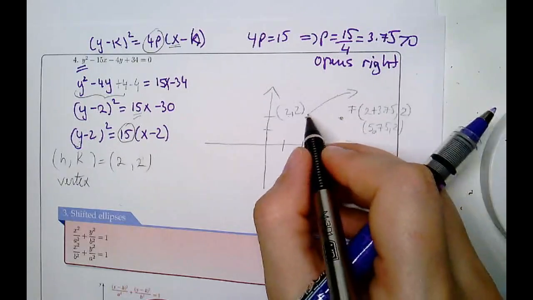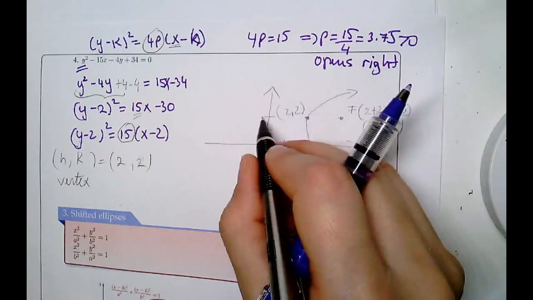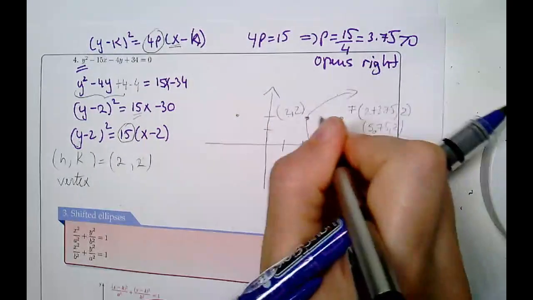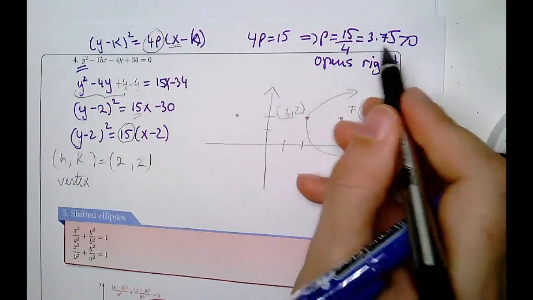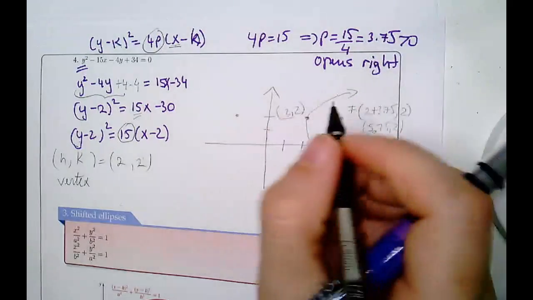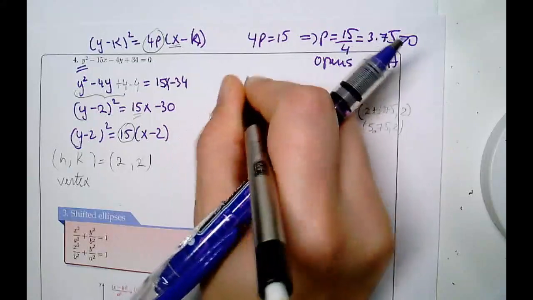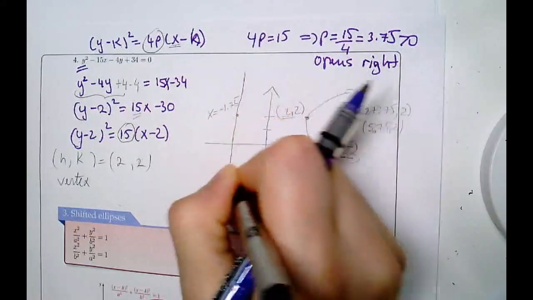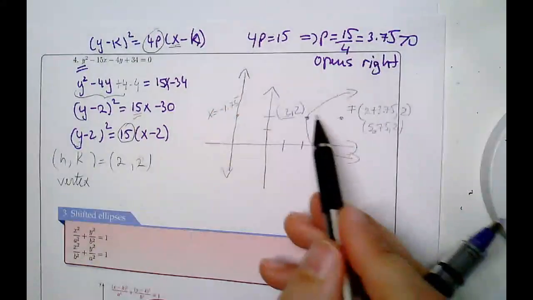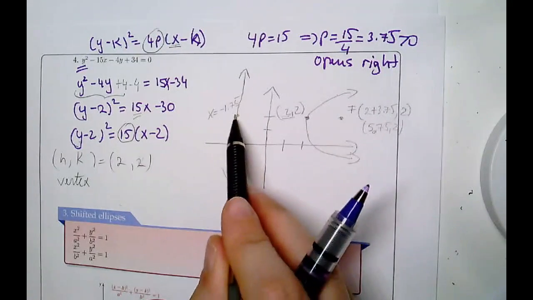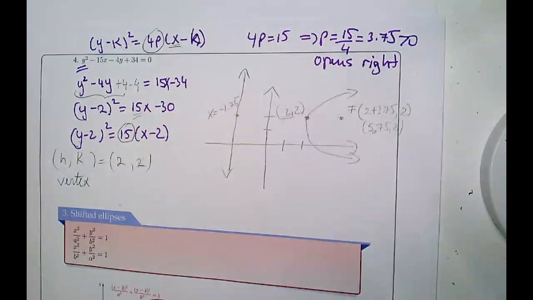And then the directrix is going to be p units to the left of the vertex. So the x was 2, and I subtracted 3.75, so it's going to be x equals negative 1.75. It's the vertical line. So this was 2, I subtracted 3.75, so I got the directrix.